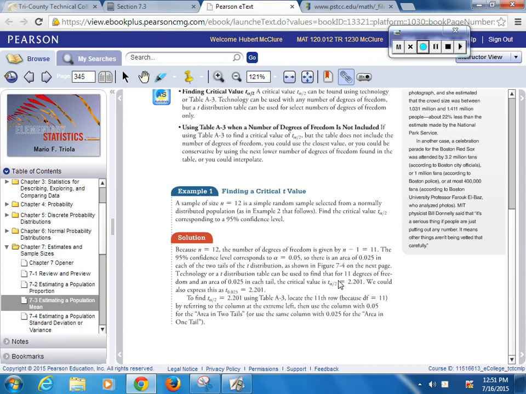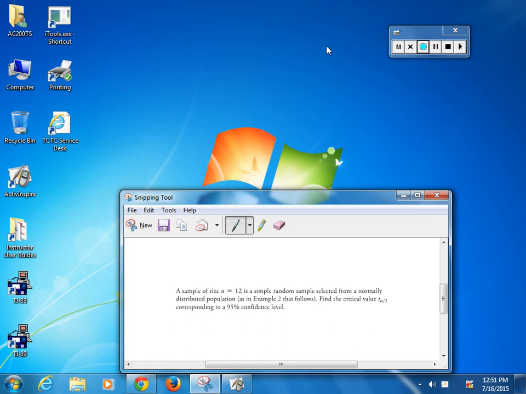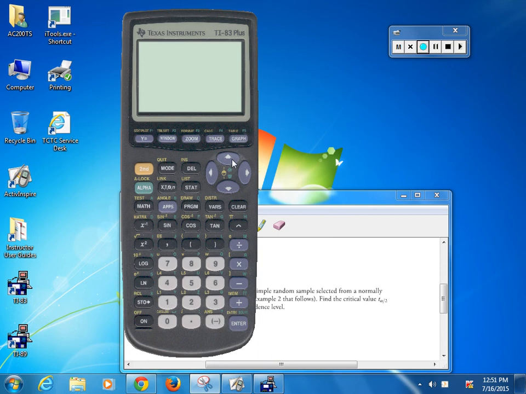Okay? And we just found the critical value. In 7.2, you found your critical value by doing your z-score. Remember the z-score? You may be able to use your calculator. Go under math. Let me go and look for it right quick. It's been a while since I've done the t-table, but let me see if I can find it. It should be under math and then probability.